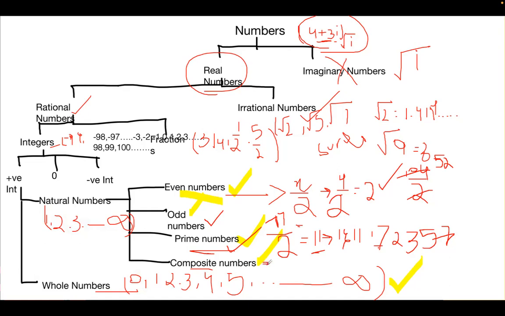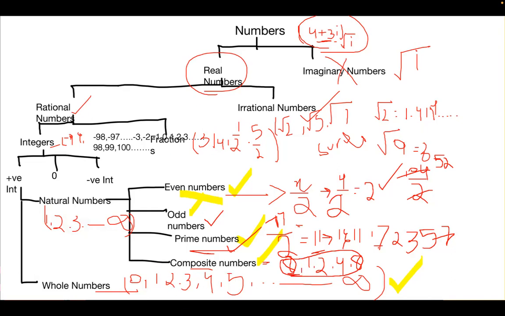If we take the number 8, this number 8 has factors like 1, 2, 4, and 8. These numbers are known as factors of 8. So the number 8 is known as a composite number.